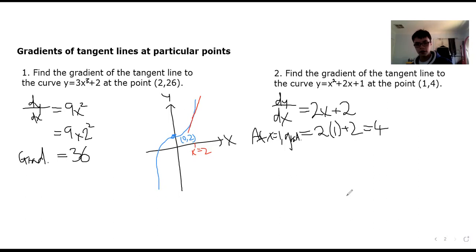I'll show you what it looks like on the graph as well. Let's say that we have y there and x there, and then we have our original curve, where the turning point is going to be (-1, 0).